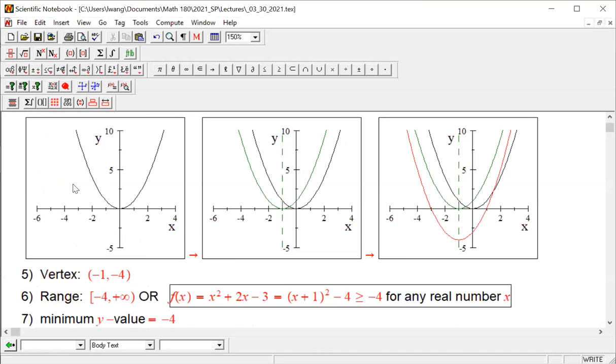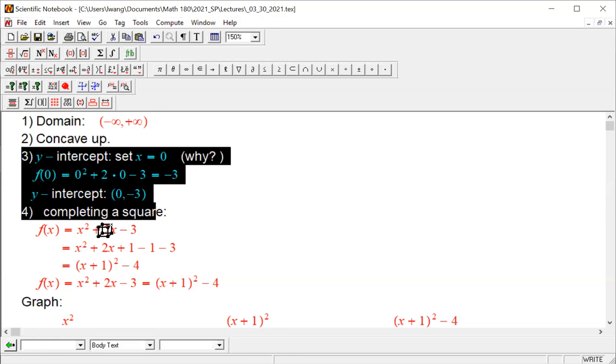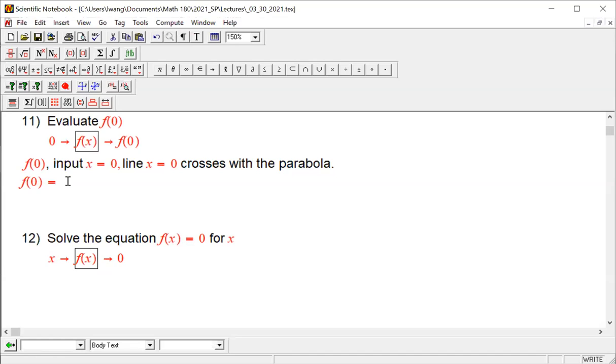Number 3 is to find the y-intercept. You can see they're different questions, but they're the same question, just asked differently. So f of 0 is -3. Got it?